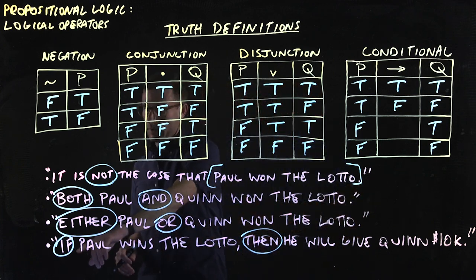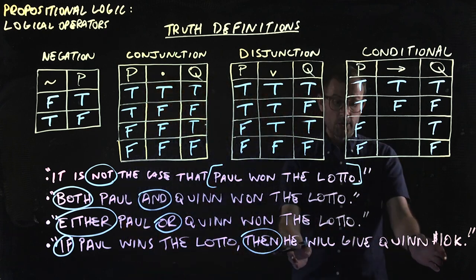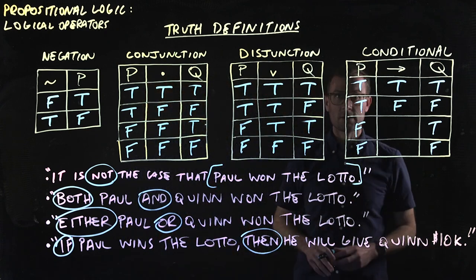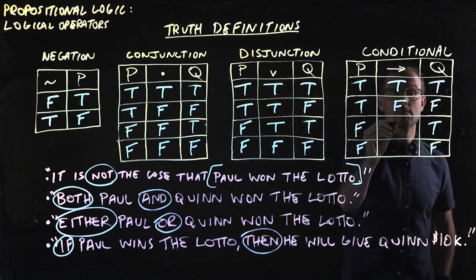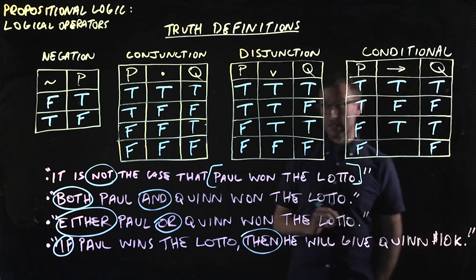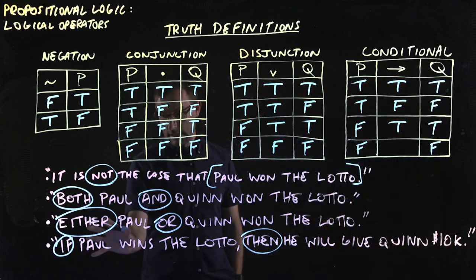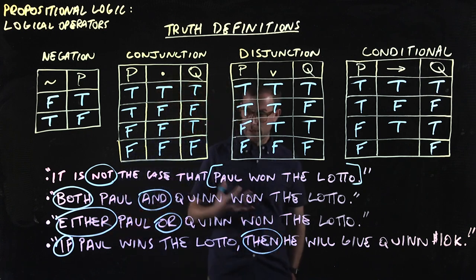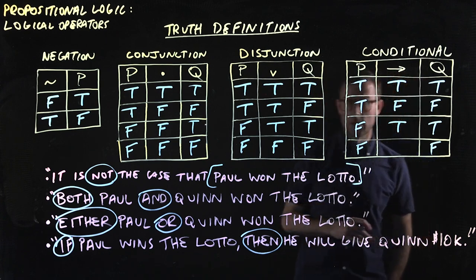Third possibility here. Let's imagine that Paul does not win the lotto, okay? So that's false. Yet it's true that he gives Quinn $10,000. He's just a nice person. Has he broken his promise? No, he is not. Okay, so that is a true sentence. Finally, let's imagine that Paul does not win the lotto, as probability predicts, and it's also false that he gives Quinn $10,000.